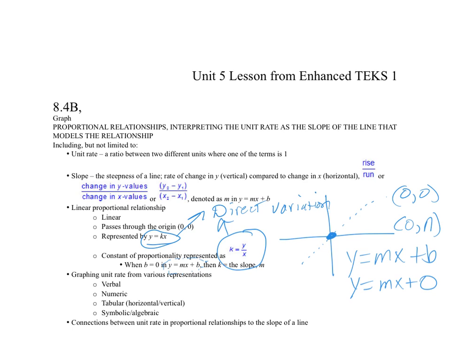Y varies directly in accordance to x. That's exactly what this is. If we don't have a b there, y equals kx, and we call k the constant of proportionality. And we can find k by putting k is equal to y divided by x. And if that seems familiar to you, yep, it's the same thing as finding m, which is slope.